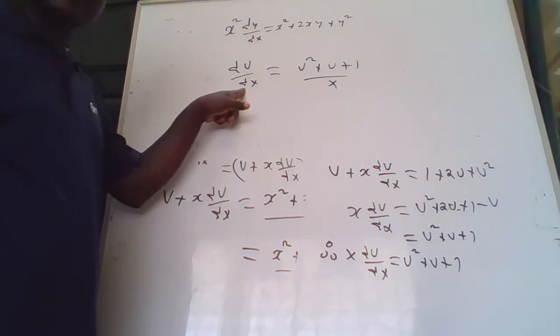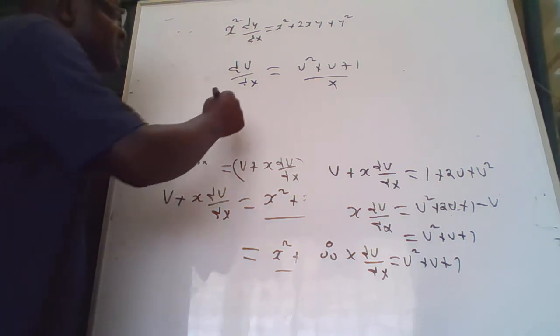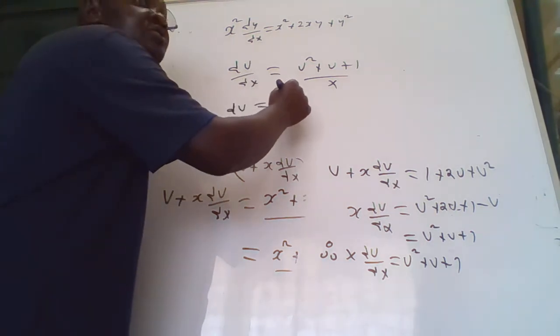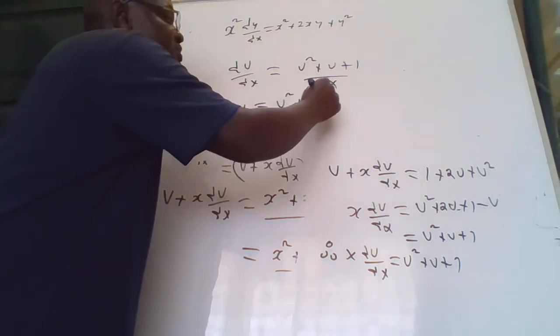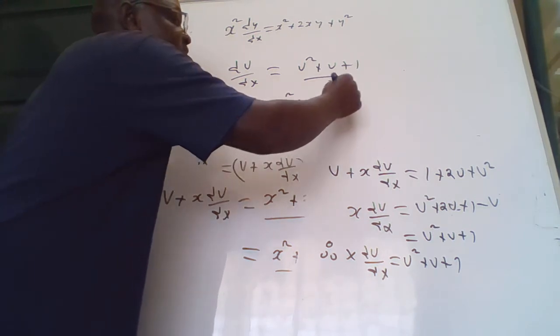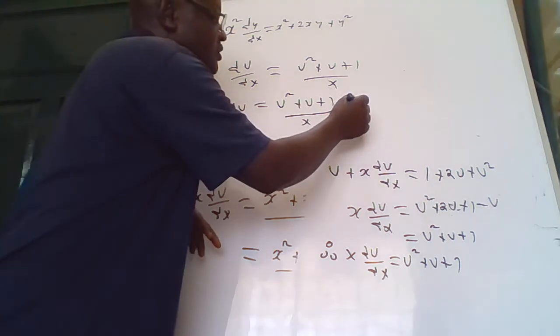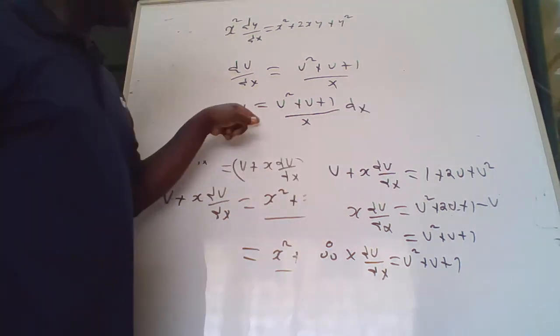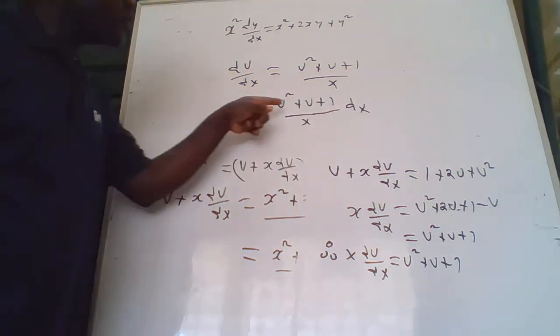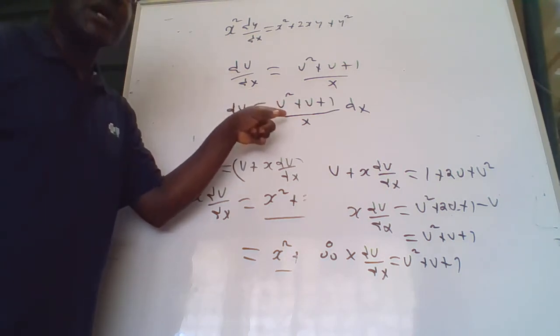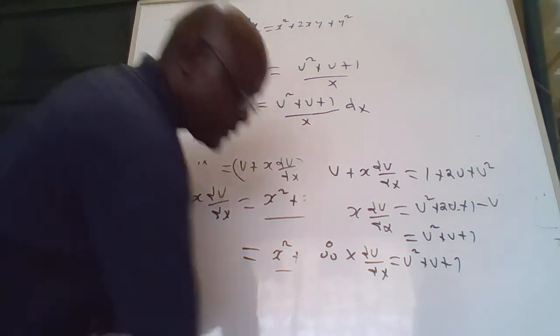Then I multiply through by dx: dv equals v squared plus v plus 1 all over x, dx. Then we divide through by v squared plus v plus 1.